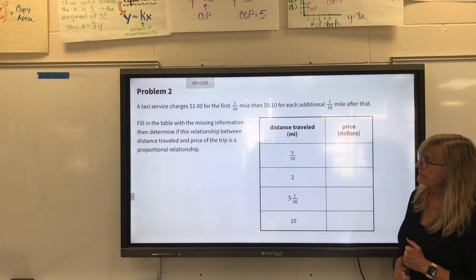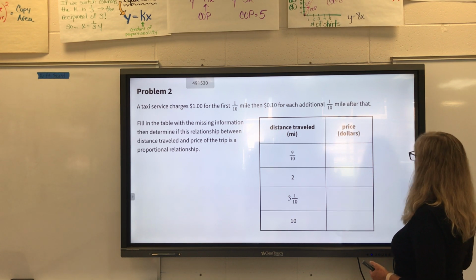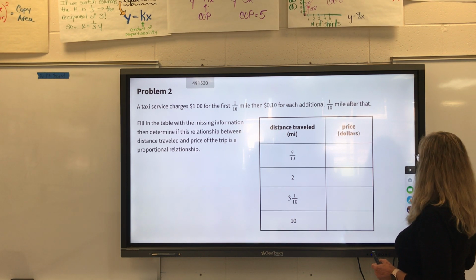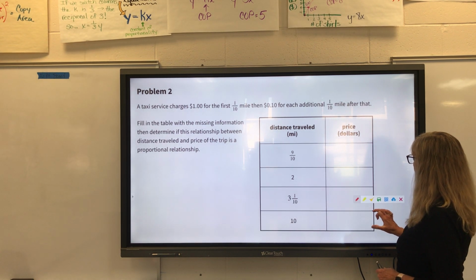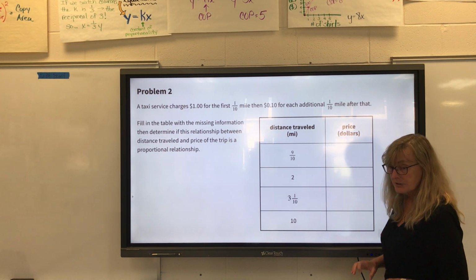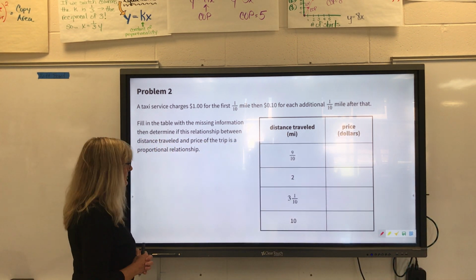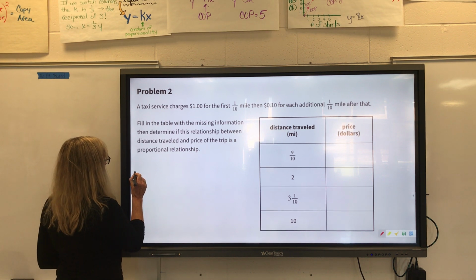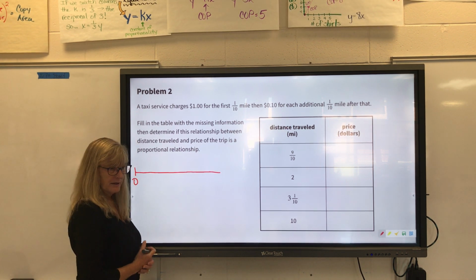A taxi service charges $1 for the first tenth of a mile and then 10 cents for every additional 1/10 of a mile after that. Well, that sounds pretty confusing. So I'm going to do a little bit of a picture here, and maybe that'll help you understand it. If I get in the taxi at 0 miles, I haven't gone anywhere.